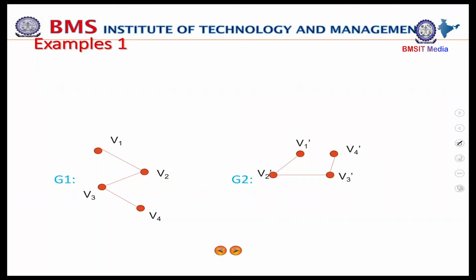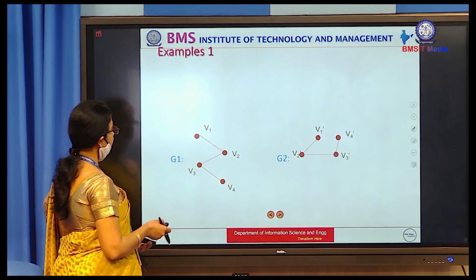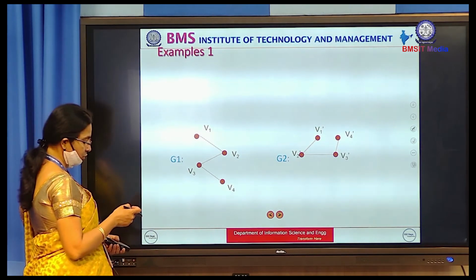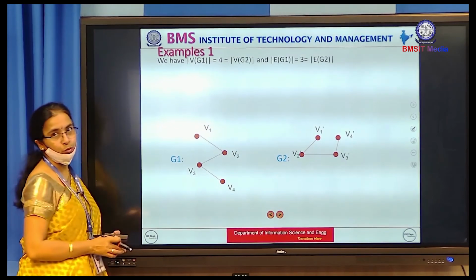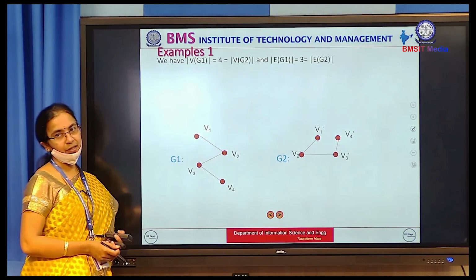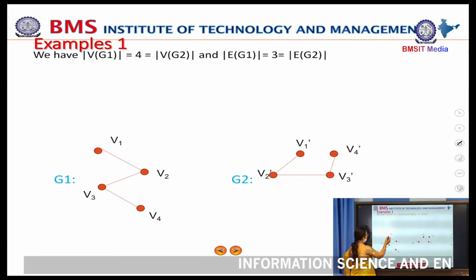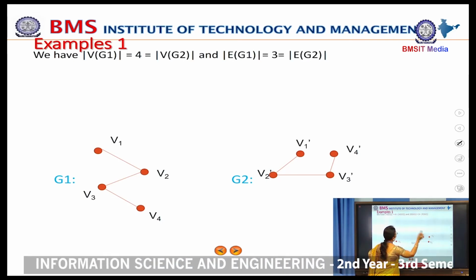Let us solve this problem and check whether these two graphs are isomorphic. Here I have graph G1, which contains 4 vertices, and G2 also contains 4 vertices. The first step is to check whether both graphs contain the same number of vertices.